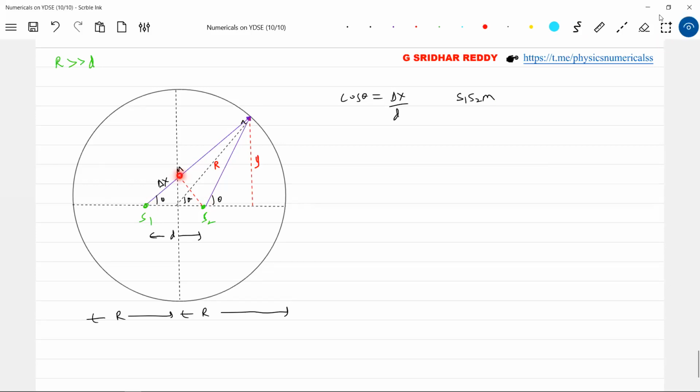S1, S2, M. Looking at this triangle S1, S2, M, cos theta equals delta x by d, or S1M by S1S2. So delta x is equal to d cos theta. I'm interested in knowing where I can notice the maxima, so this should be equal to n lambda. d cos theta equals n lambda, so cos theta equals n lambda by small d.